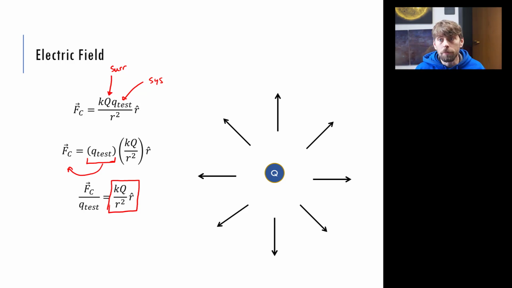Now that helps us out, that physical quantity which describes the landscape, that is the physical quantity that we refer to as the electric field. And so a different way to think about it is the electric field is the force of the interaction divided by the charge of the system. And that quantity ends up being independent of the system itself.